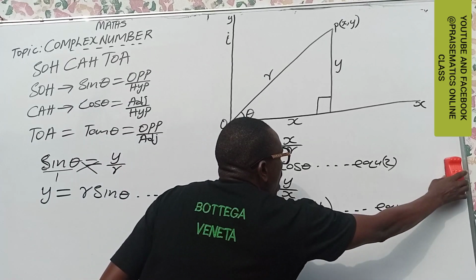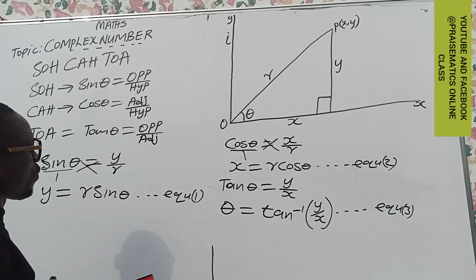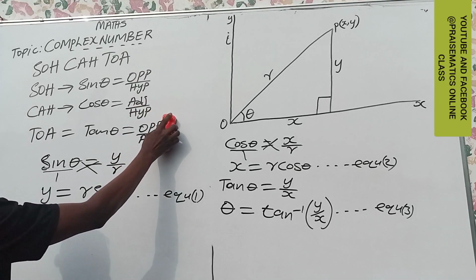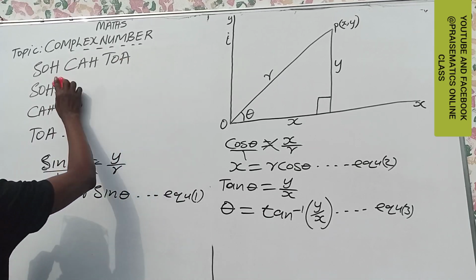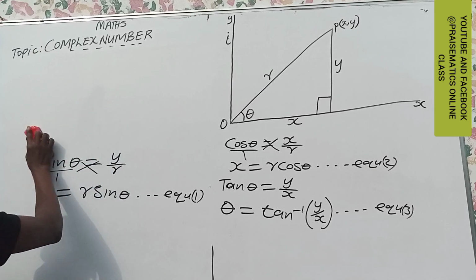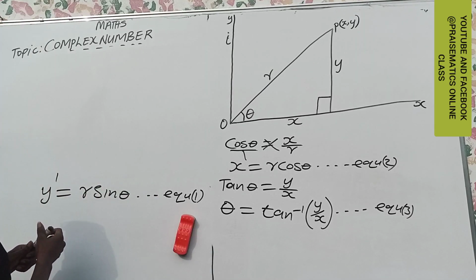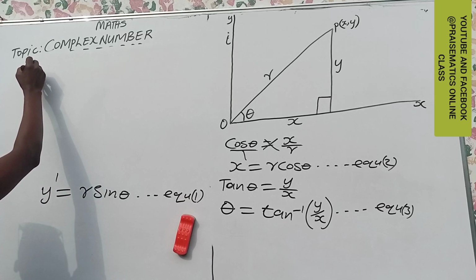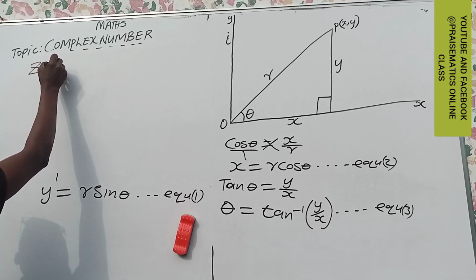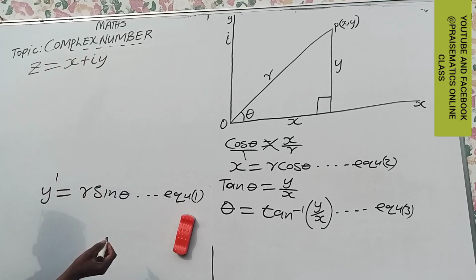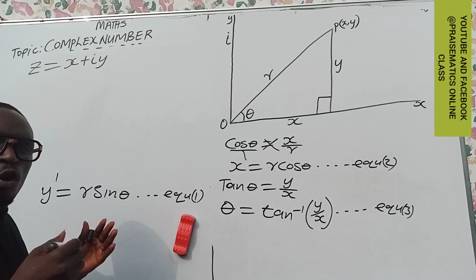Thank you. Now, I want to generate the formula called the polar form of complex number. How do we do that? Always remember that Z, which is a complex number, is equal to X plus iY. And I want to generate the polar form of complex number, or we call it the trigonometric form of complex number.